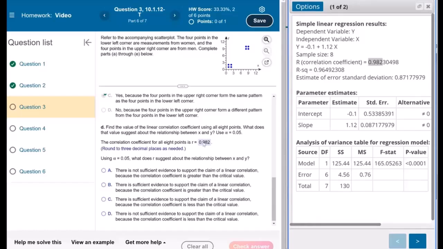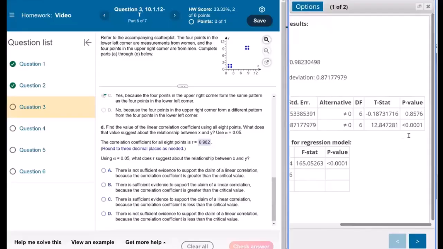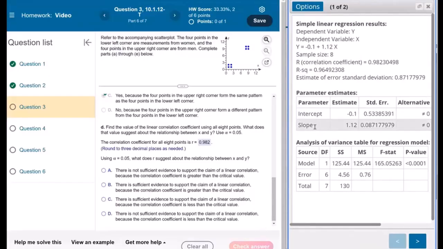Our R is really big. That means these values are correlated. And then there's not sufficient evidence. We have sufficient evidence because look at our p-value. This is the p-value you're going to look for because it has to do with the slope.